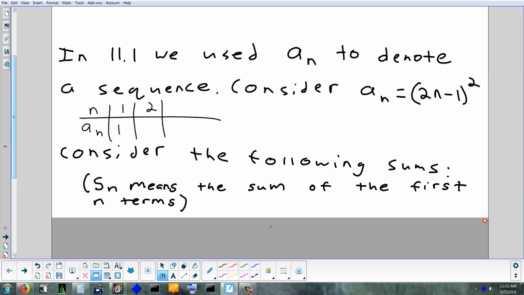My second term is going to be 9. Let's just write it out maybe up to the fourth term. That's enough. What's my third term? 25. And my fourth term? 49.